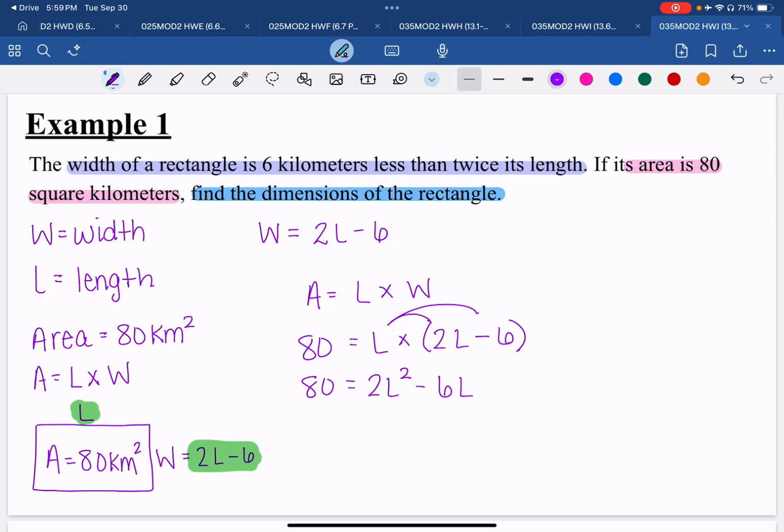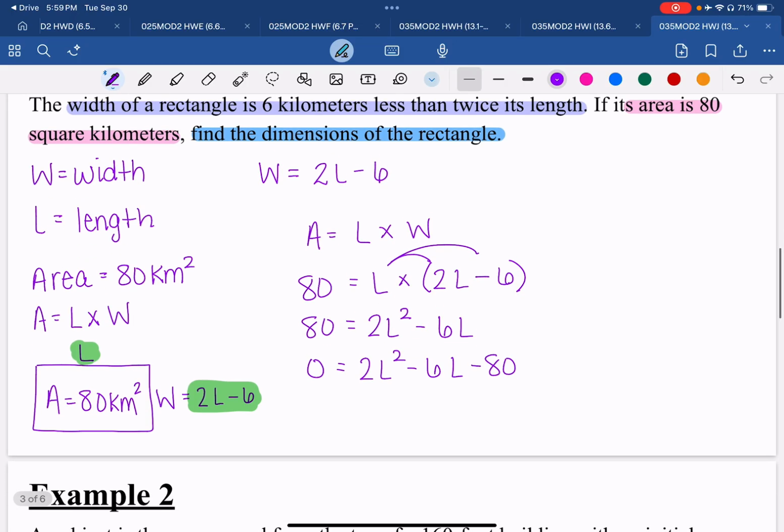We just need to set this equal to 0. So I need to subtract that 80 over. So 0 equals 2L squared minus 6L minus 80. So I'm going to solve this just like any other quadratic. I'm going to get a GCF. So I can take out a 2. L squared minus 3L minus 40.